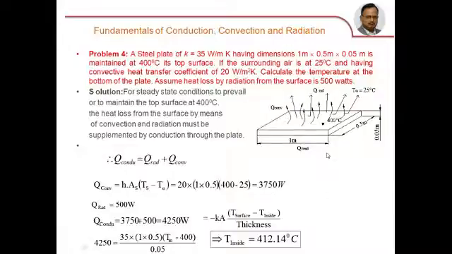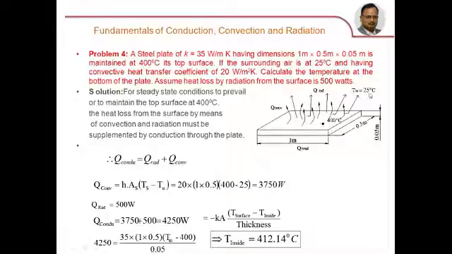Now this is another problem which illustrates the combined mode of conduction, convection and radiation. All three are involved in this. Imagine a steel plate at 400 degrees centigrade having thermal conductivity 35 watts per meter Kelvin, whose top surface is maintained at 400 degrees centigrade.